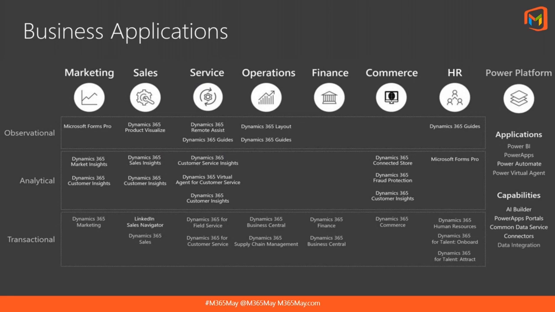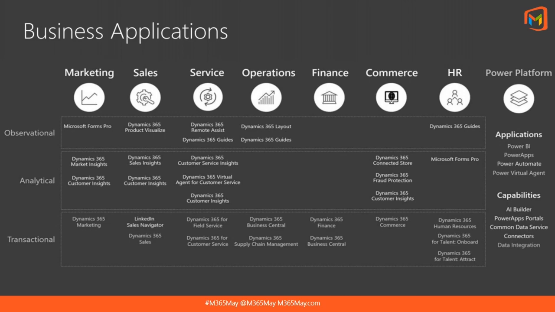Let's move into the business applications. What about business applications? Business applications are what Microsoft provides in the whole Microsoft Business Applications suite. This image provides the complete set of business applications which Microsoft offers. It is categorized into 3 sections, as you see on the screen: observational, analytical, and transactional.